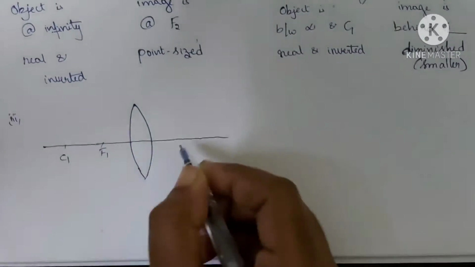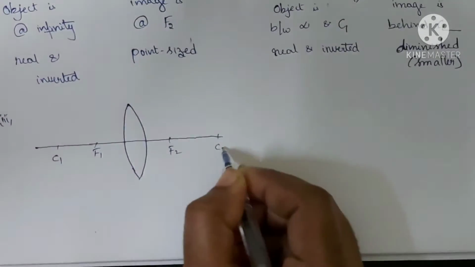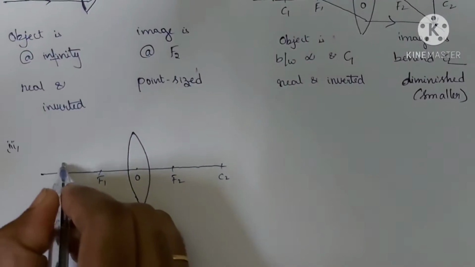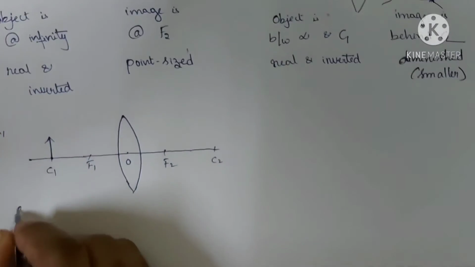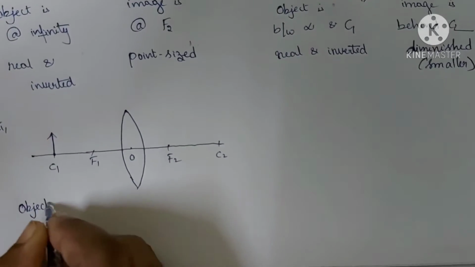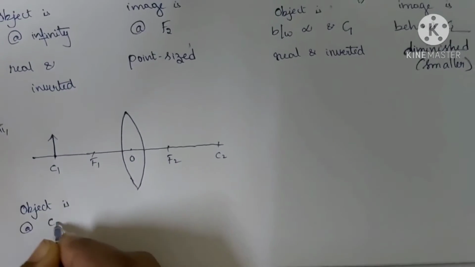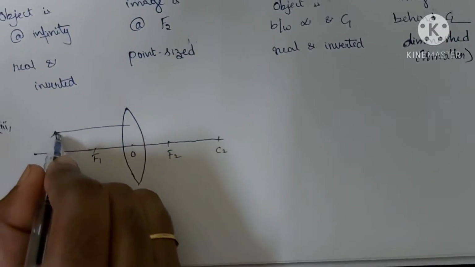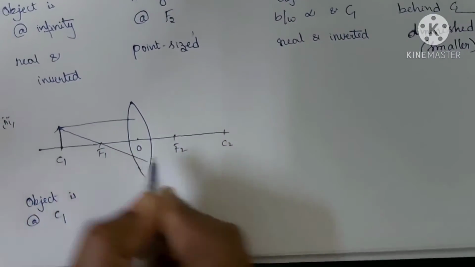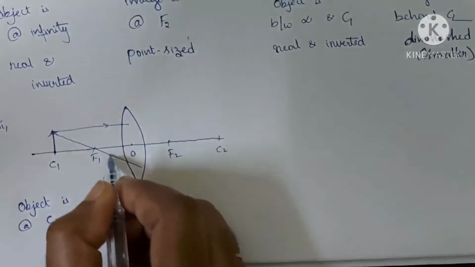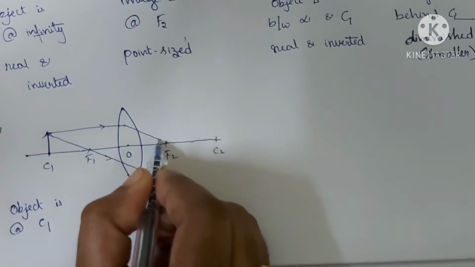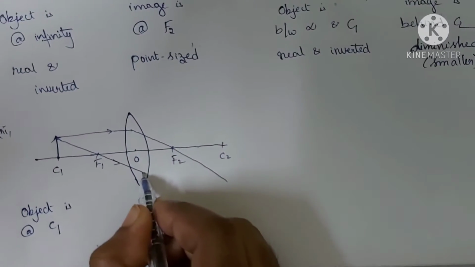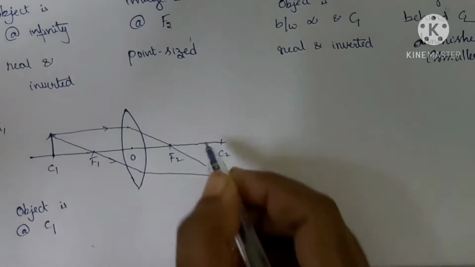F1, C1, F2, C2, optical center O. Now the object is at C1. Again I'm taking two rays: one through the focus and one parallel to the principal axis.